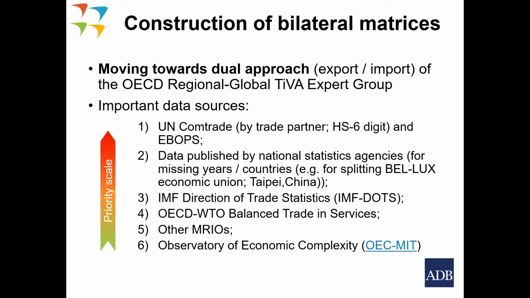In case countries or certain years are missing in the Comtrade, such as Taipei, China, as well as the splitting of the Belgium-Luxembourg Economic Union, we take a look at other sources such as data published by national statistics agencies, the IMF Direction of Trade Statistics, OECD WTO Balanced Trade in Services, other available MRIOs, and the Observatory of Economic Complexity by MIT.